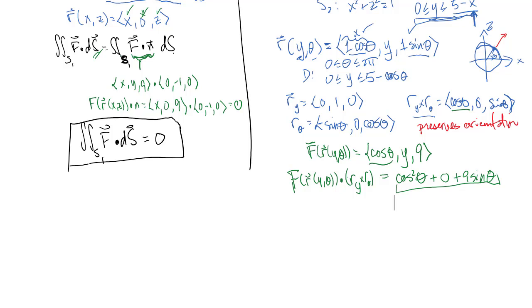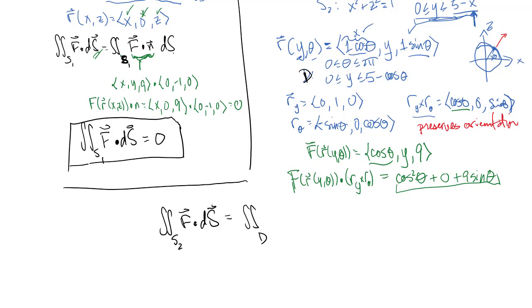And so let us write our double integral, or our surface integral, of F dotted with dS. So this is going to be a double integral now over the domain. I think we identified the domain here, of this thing, cosine squared theta plus 9 sine theta dA.